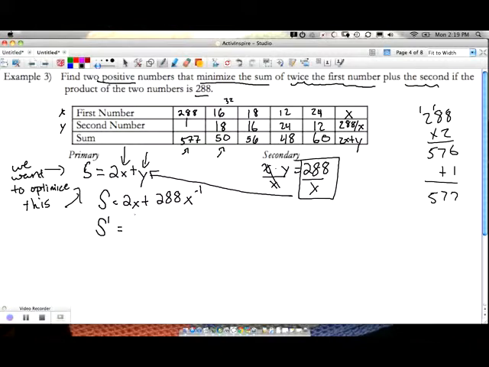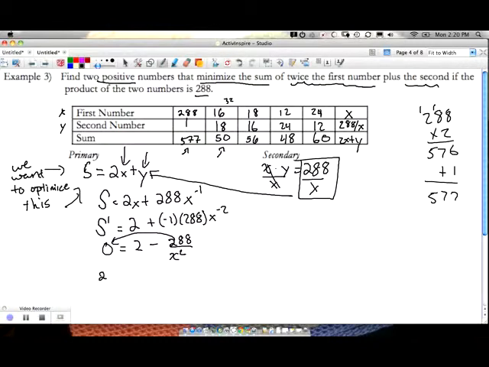So we're going to do s prime equals 2 plus, okay, now we got to drop this negative 1 times 288 times x to the negative 2. Alright, so I'm going to set this equal to 0 and start solving some things here. This is really 2 minus 288 over x squared.